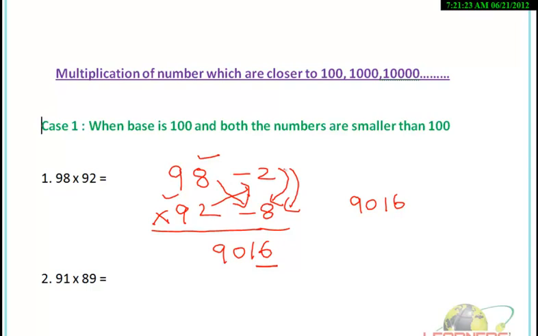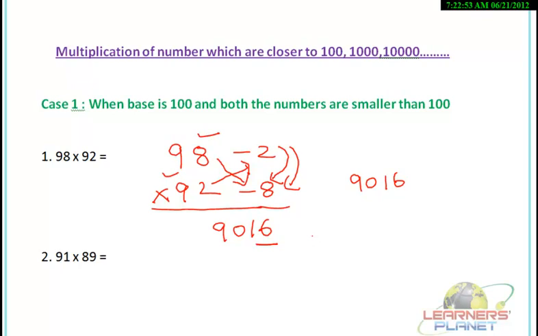Okay, let's take another example. Now let's take the example of 91 into 89. Just write the numbers here, 91 and 89.